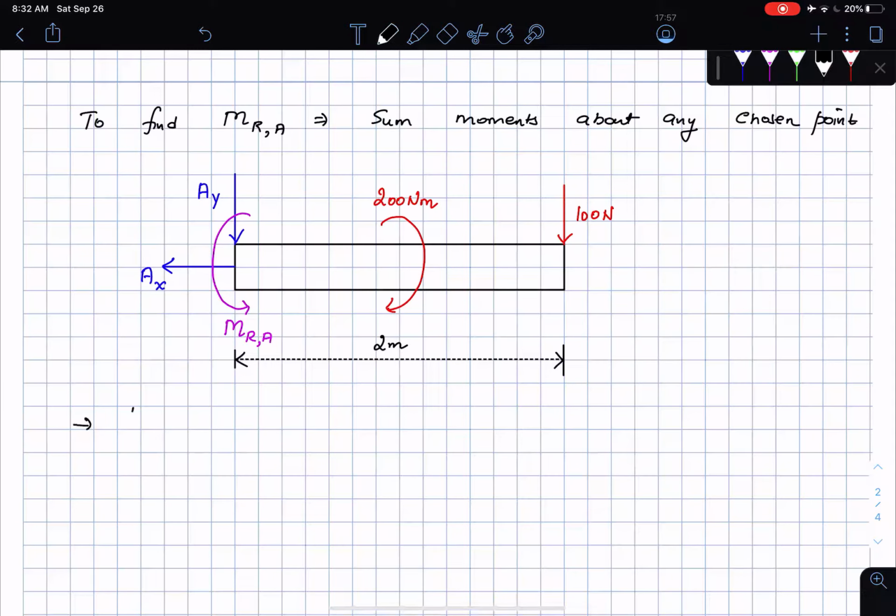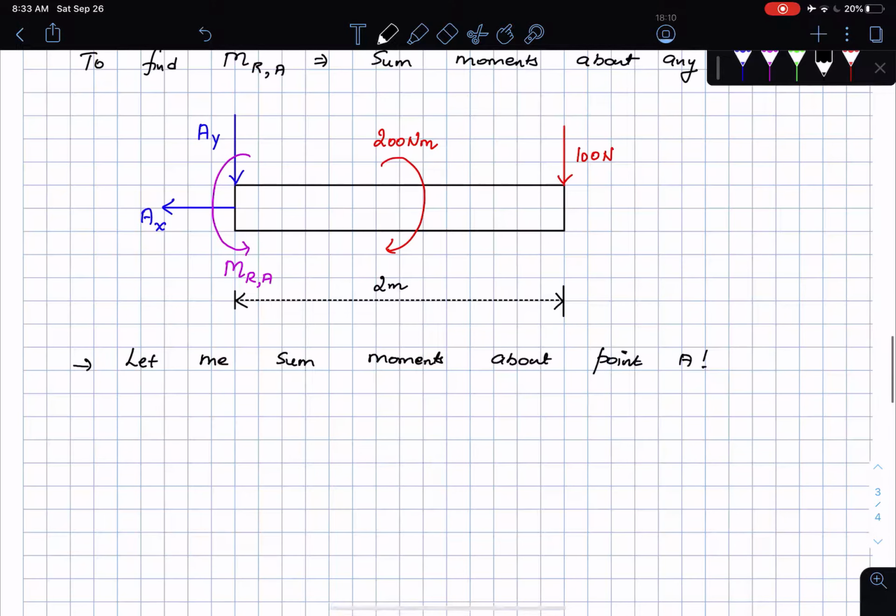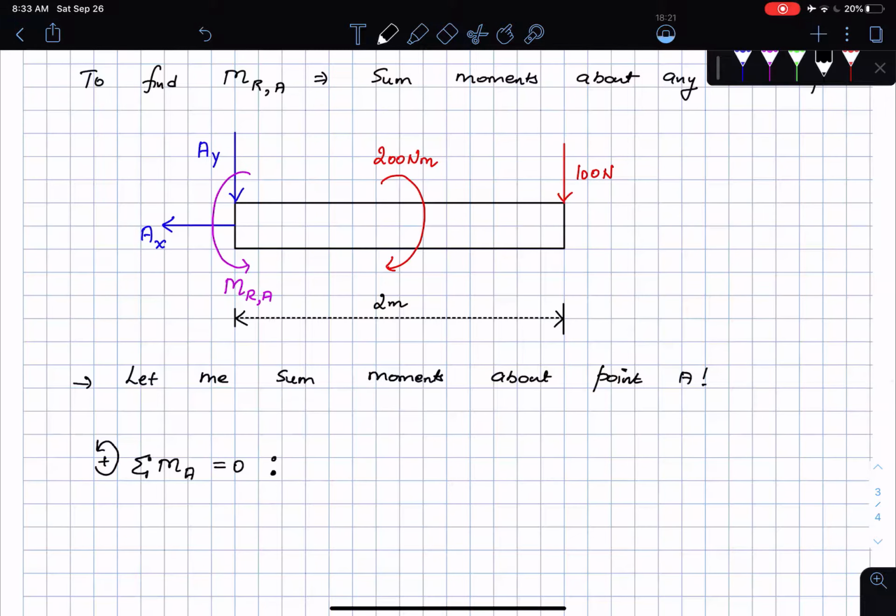So let me sum moments about point A. Watch this very carefully. I'm saying the net moment about A, all the moments that are counterclockwise are taken to be positive. I'm going to set them equal to 0. Now watch this. MRA is a moment that is acting at the point A, so that is going to be in the counterclockwise direction, so I'm going to have to put it into the mix here.